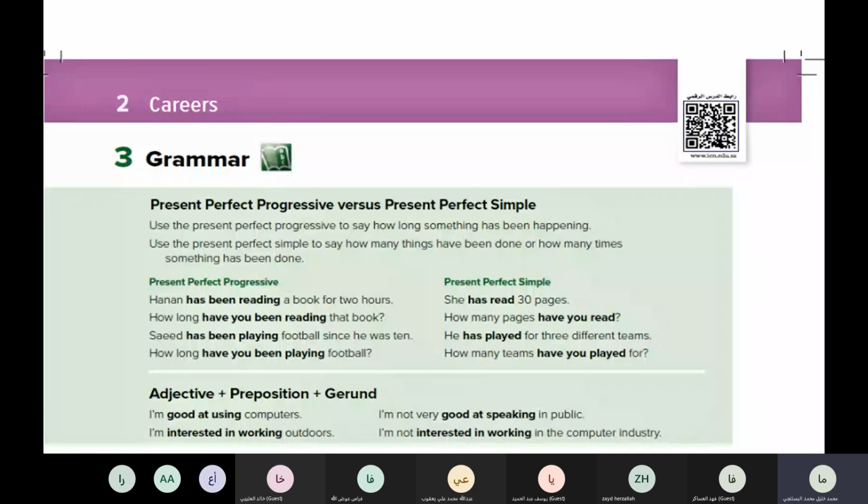Okay, so here the present perfect progressive is used with what? Asking about time, duration.